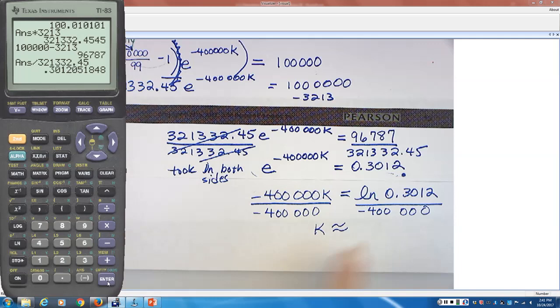And since I've already started approximating, at this point I'm still approximating. So I'm going to take the natural log of the answer, which is that 32012, and I'm going to divide that result by negative 400,000.